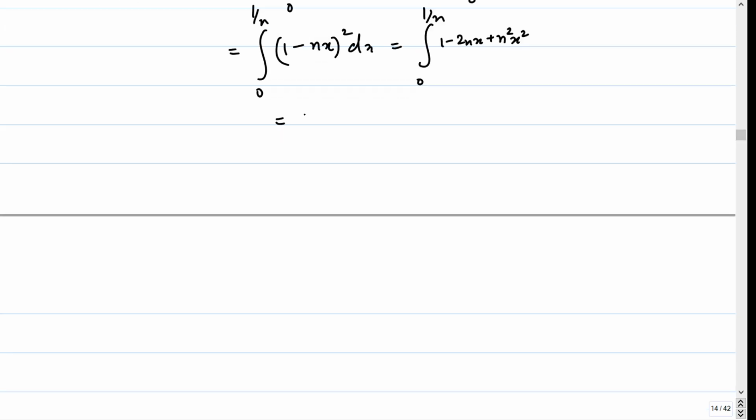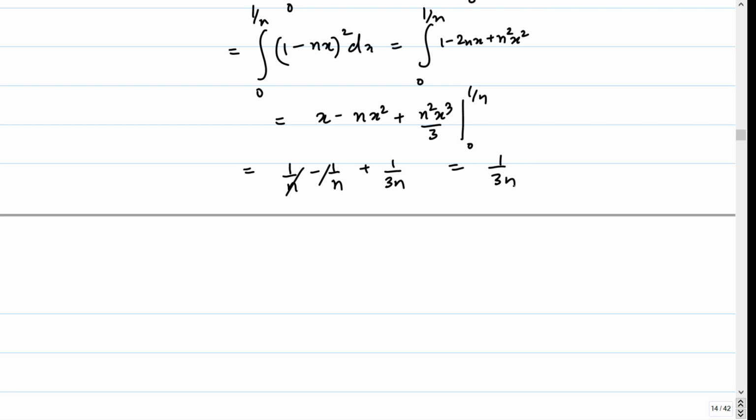So notice that this is just x minus n x square plus n square x cube by 3 from 0 to 1 by n. This is 1 by n minus 1 by n plus n square by n cube 3. So 3 times n. And this cancels off. This is just 1 by 3n.